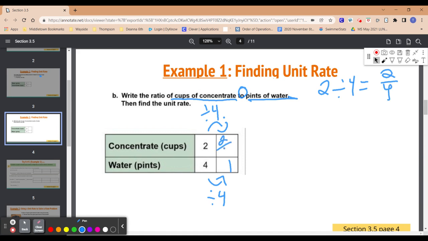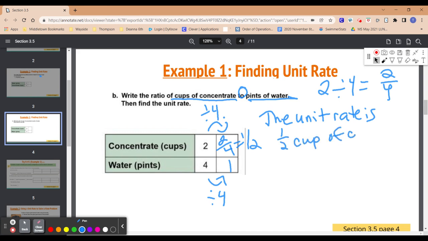So you're going to write 2/4, which is equivalent to 1/2. So your answer for when they're asking for the opposite, you're going to say the unit rate is 1/2 cup of concentrate per pint of water. And remember, per means 1.